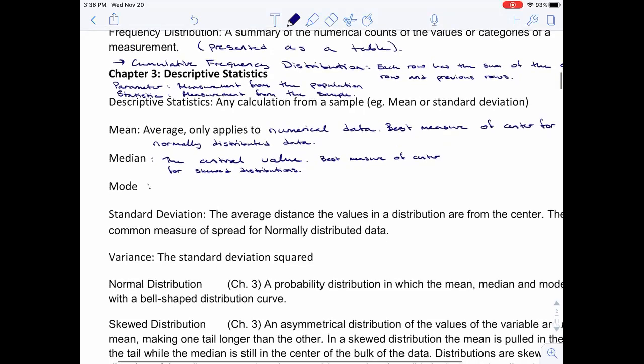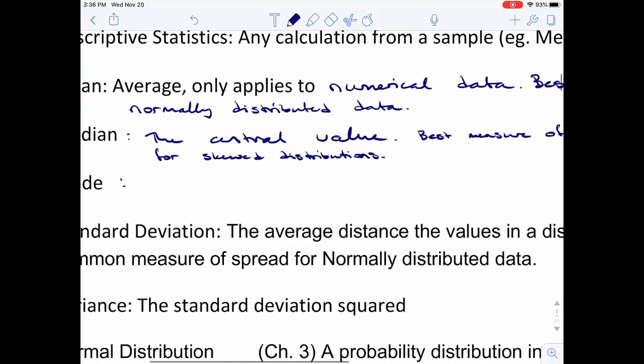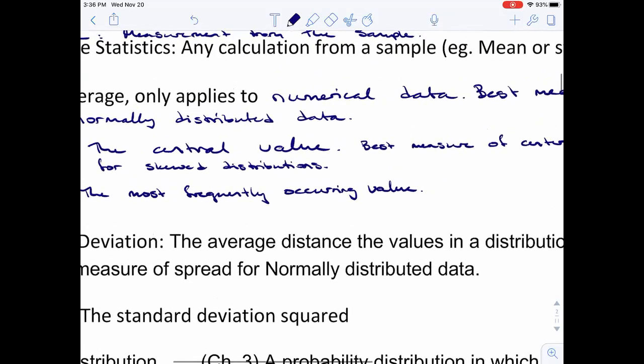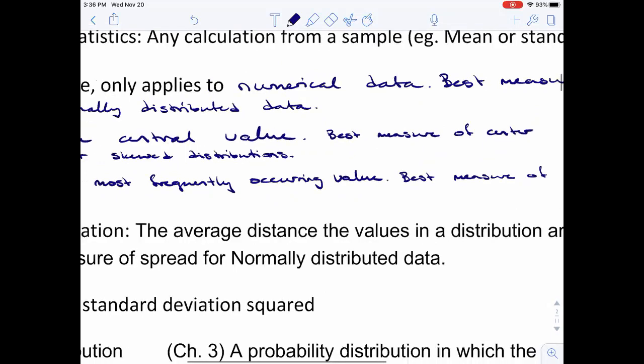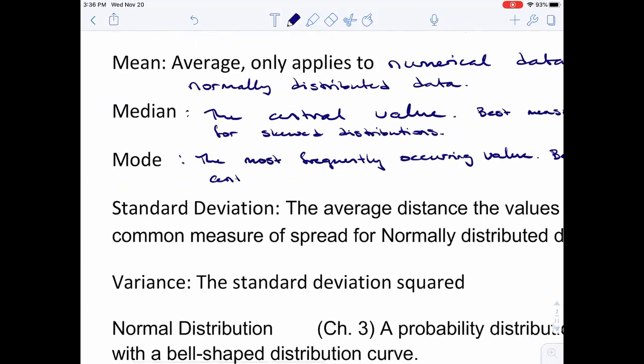And so mode is the most frequently occurring value. I guess it's the best slash only measure of center for categorical data.